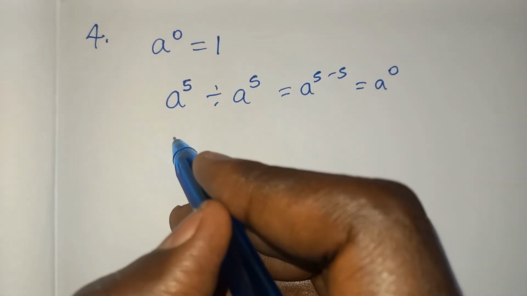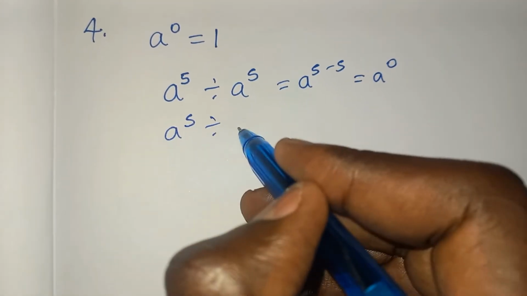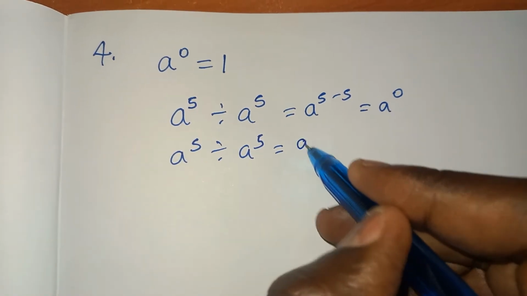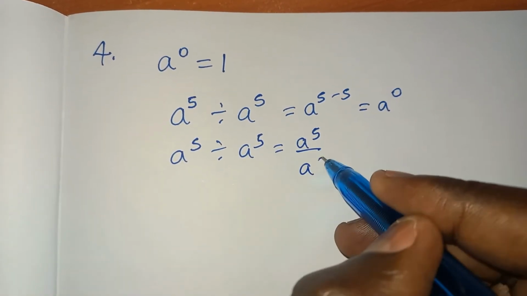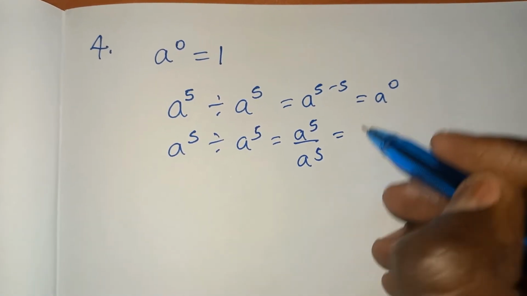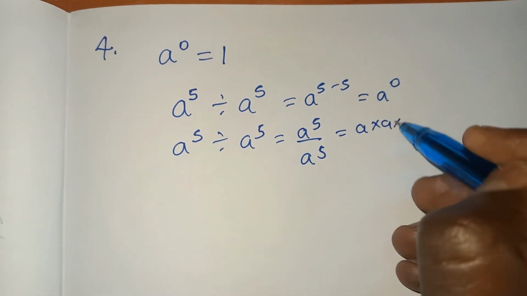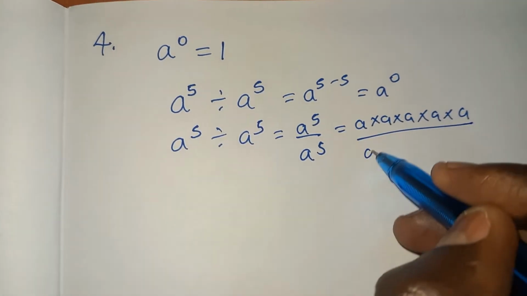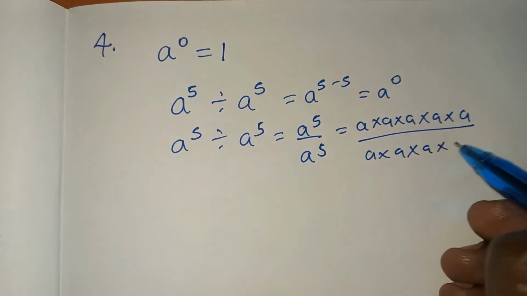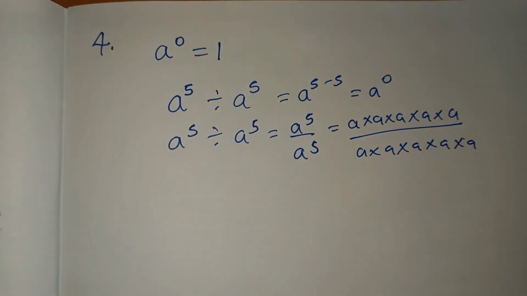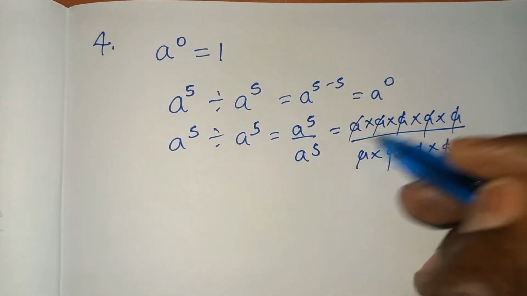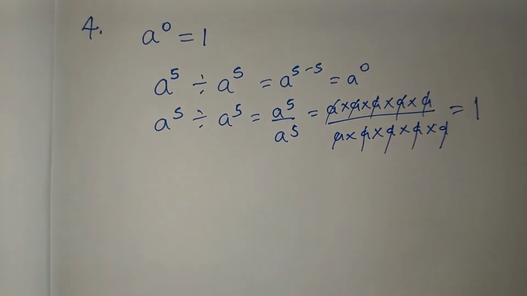However, a raised to power 5 divided by a raised to power 5 is actually the same as a times a times a times a times a, divided by a times a times a times a times a. So if you cancel the corresponding a's, you'll realize you will end up with 1.